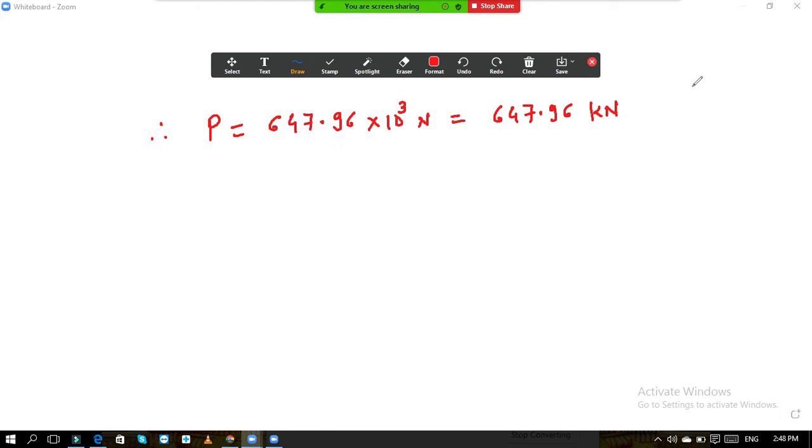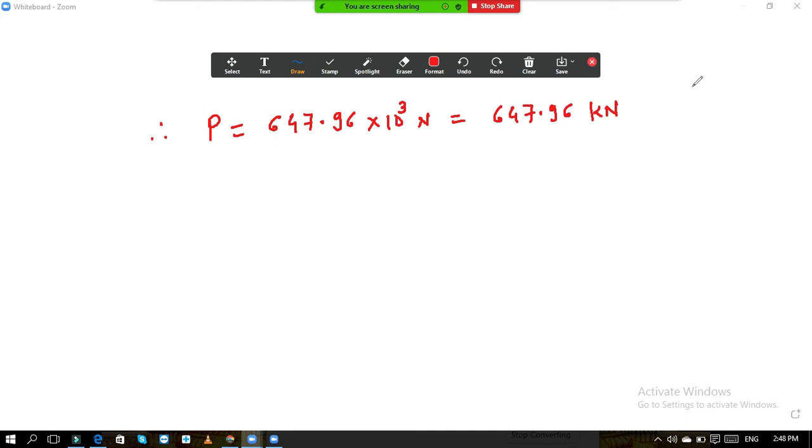These types of problems may be asked in the examination. So instead of rectangular section, suppose they give you an I section, what will be the change in the problem? The change is only that you will not get the value of Z directly. Here in the rectangular section you get that value bd square by 6 very easily.